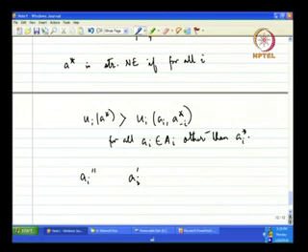Now, if player I changes his action from AI double dash to AI dash, then how is his payoff going to be affected? Either it is going to remain constant depending on the action profile of other players, or it will go up, because AI dash is strictly dominating AI double dash. So, if he shifts from the double dash to the dash, it can either go up or it will remain constant.